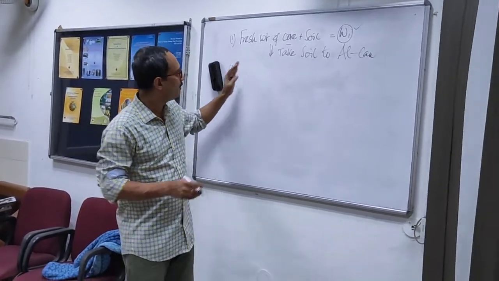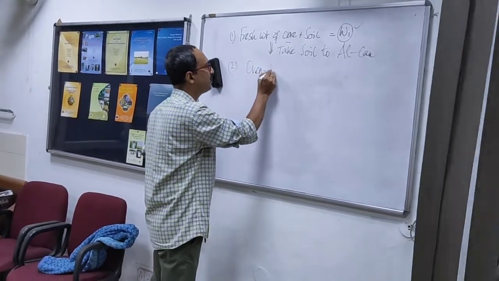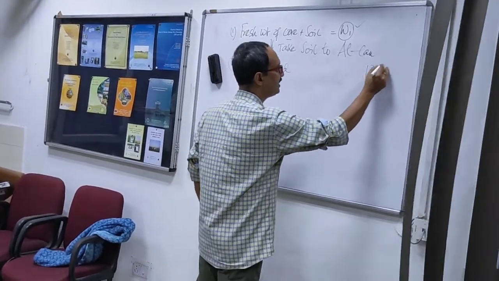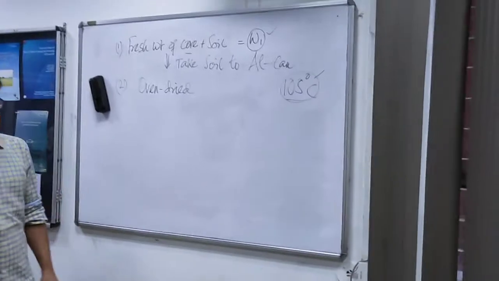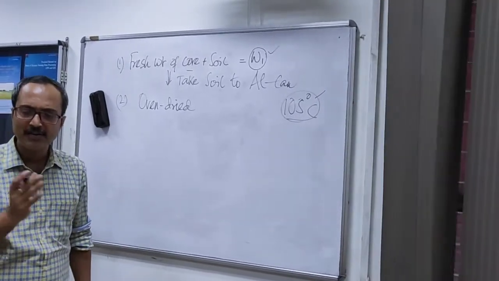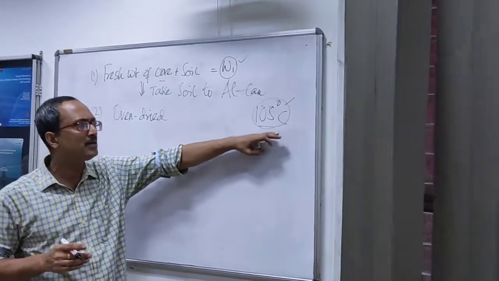After that, once you take it, it is oven dry, and you fix the temperature. This is important: fix it at 105 degrees centigrade, because at this point the water which is adhering to or absorbed on the soil particles will come out. At 100 degrees centigrade it does not come out.